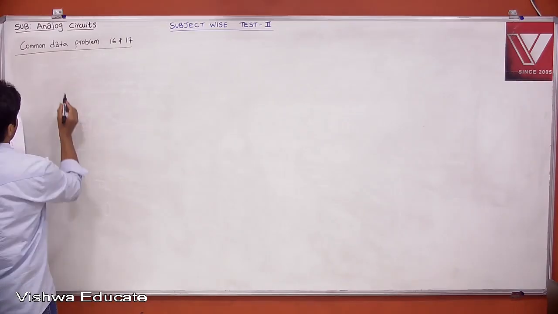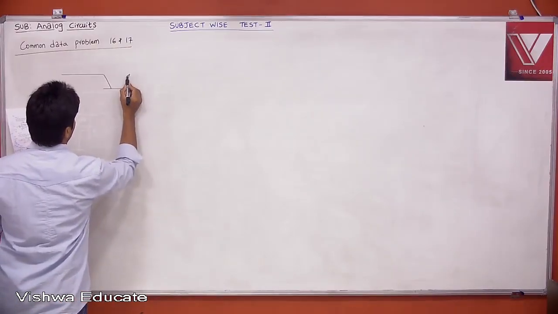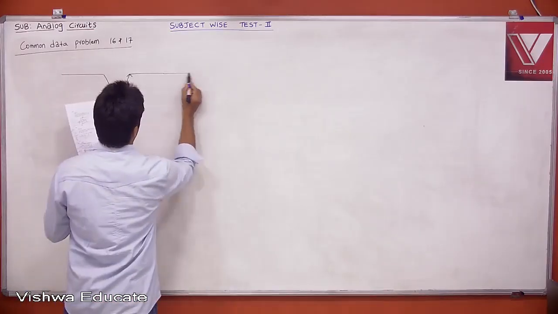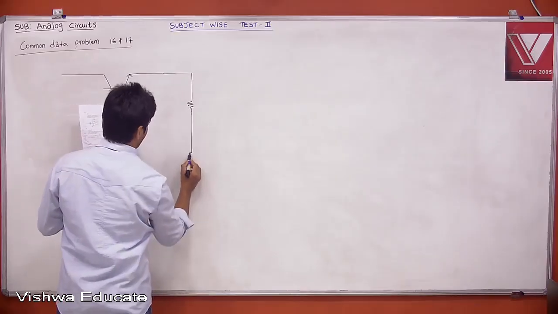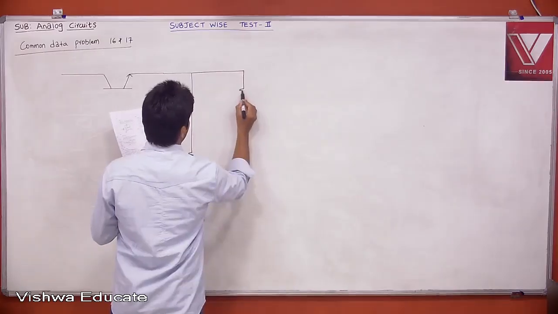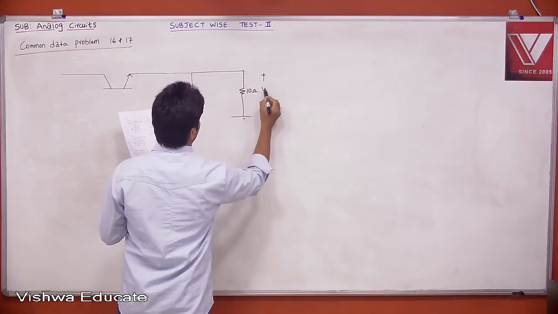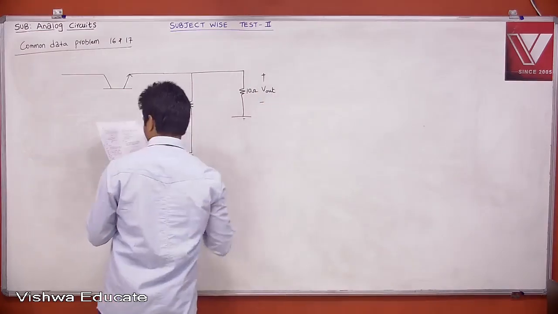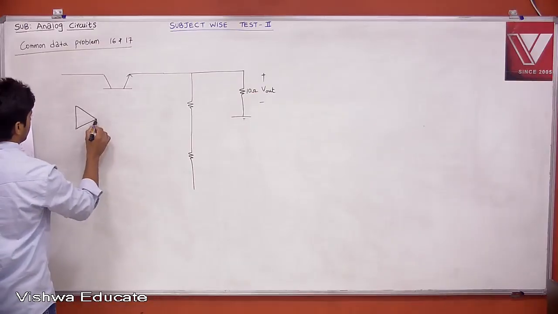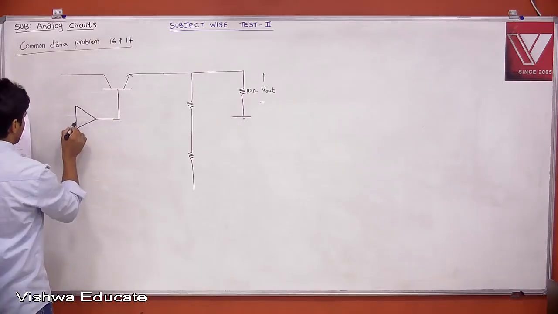Now the circuit is: this is the load, 10 ohm, and this is Vout, and the output of the op amp is driving your transistor. I think we had seen this circuit already.